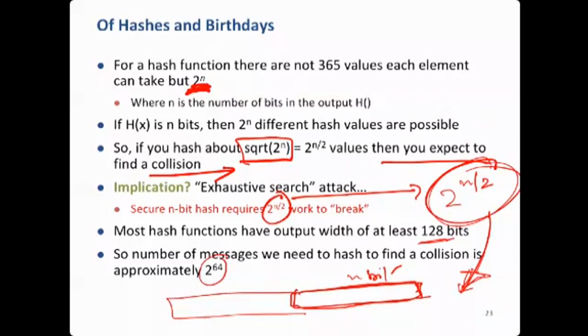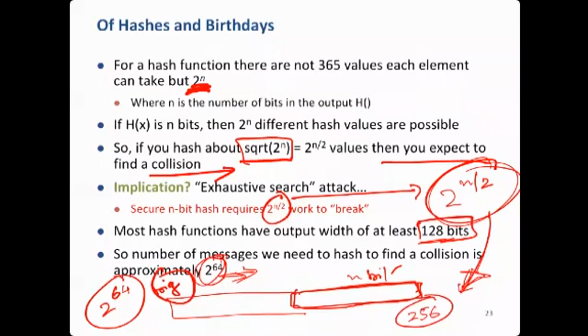Is 2 raised to the power 64 a big number? Yes, it's a big number. Is it big from today's perspective? I mean, look at the number of processors we have. Yes, it is big, but it is found that 128 bit is not enough, so it is better to use 256 bit messages or even longer than that.